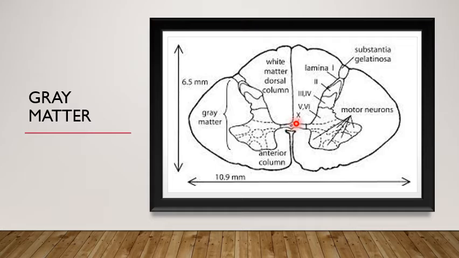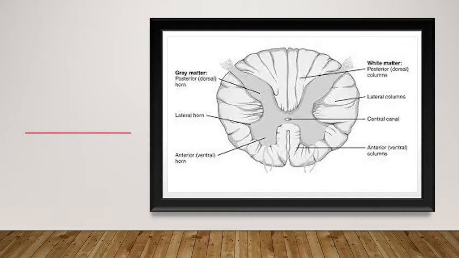Now let us understand further the various nerve cells of gray matter of spinal cord. Here also you can see, again for revision, anterior horn, ये आपका dorsal horn, and this is called the lateral horn.